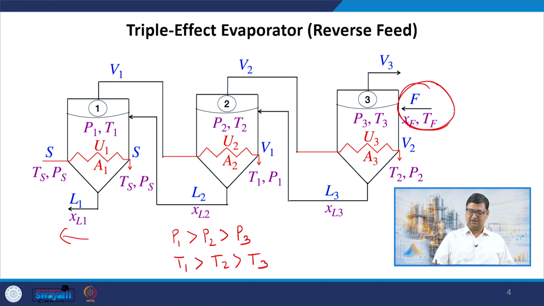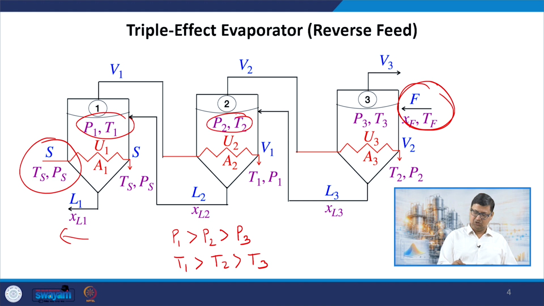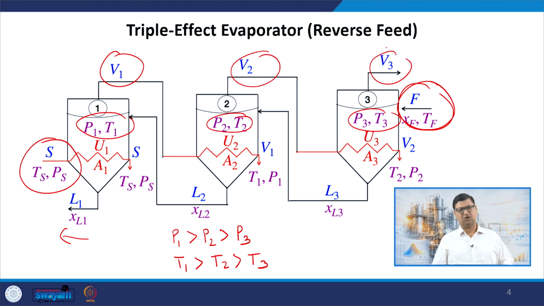The feed enters the third effect, but the fresh steam enters the first effect at temperature Ts and pressure Ps. Let us do it for a general case where we have different heat transfer coefficients and heat transfer areas, though we can make the same approximation later that the areas and coefficients are the same. We still have the same notation: P1 T1, P2 T2, P3 T3. V1, V2, V3 are much the same as earlier, going in the same directions.